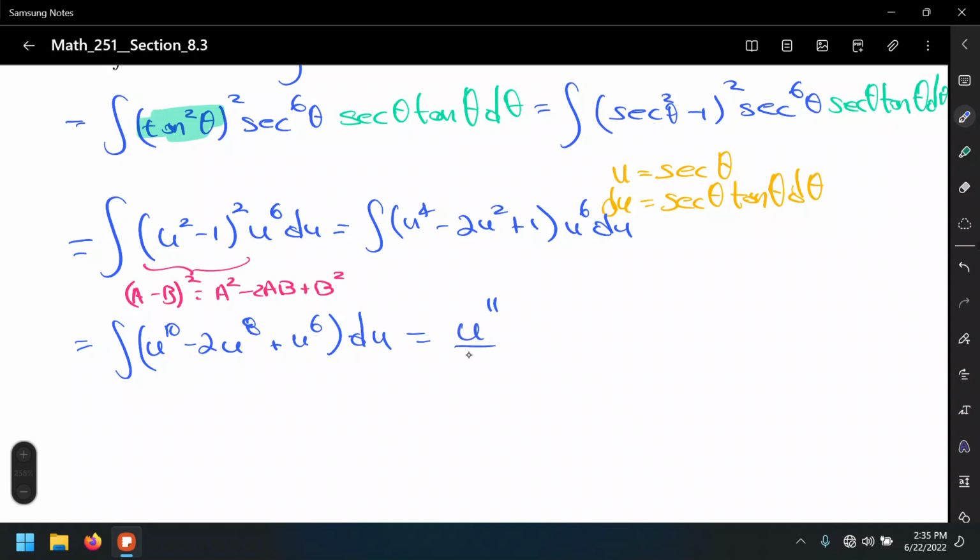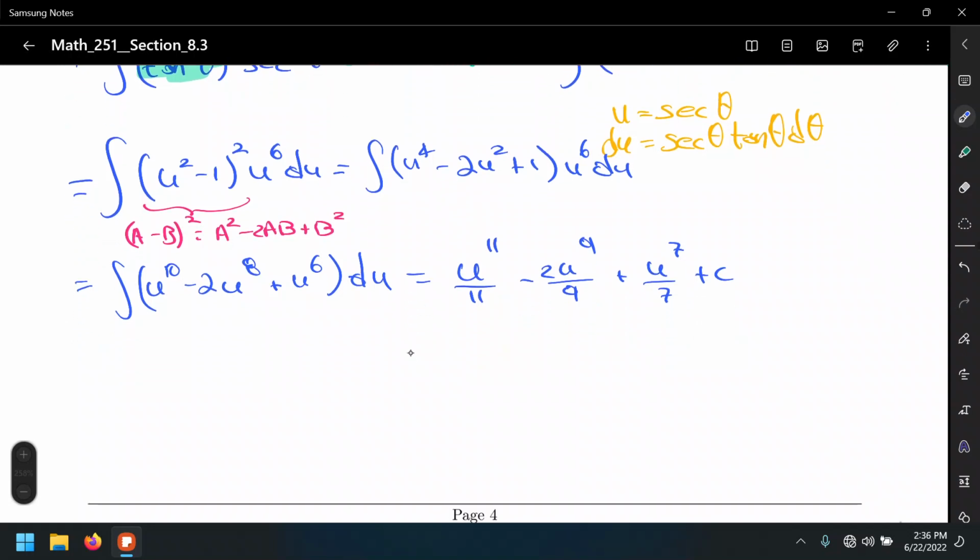That's u to the 11 over 11 minus 2u to the 9th over 9 plus u to the 7th over 7 plus C. Of course, now we need to go back and substitute for u, which in this case is secant to the 11th of theta over 11, minus 2 over 9 secant to the 9th, plus 1/7 secant to the 7th.